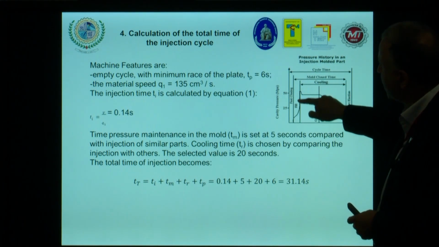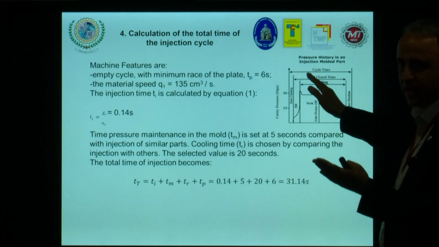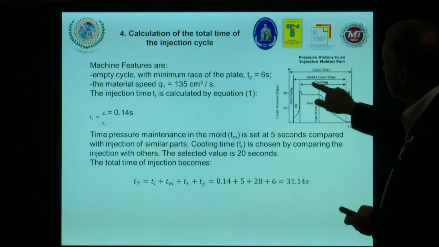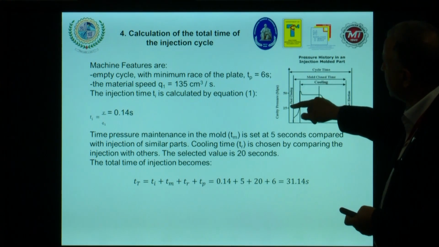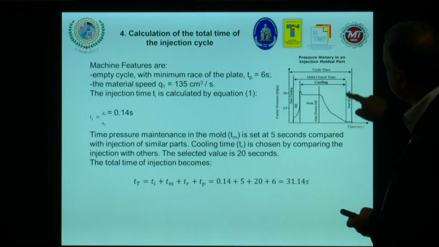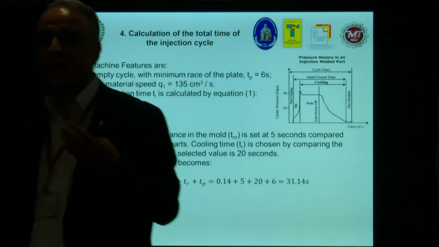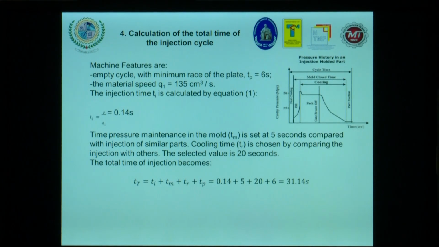You can see the maximum pressure value, and afterwards cooling. Of course, it is a slightly different diagram, but you can see also what the cycle time means: fast mold closing time, cooling time, and of course part rejection is also part of the injection cycle.